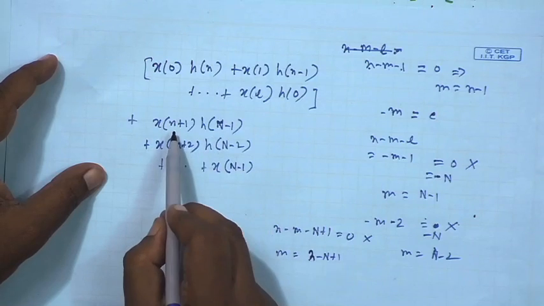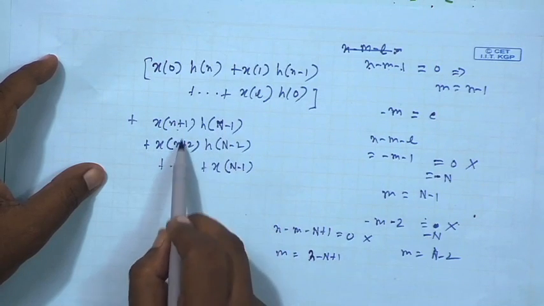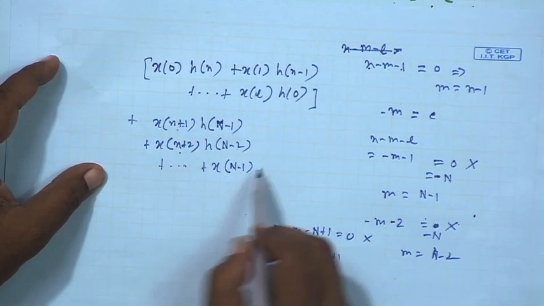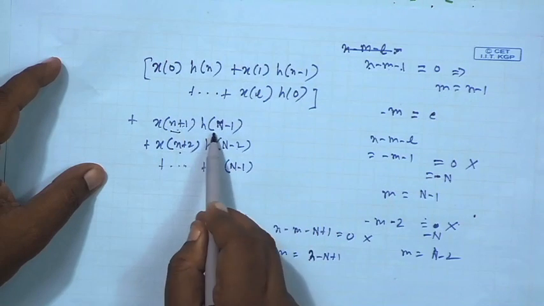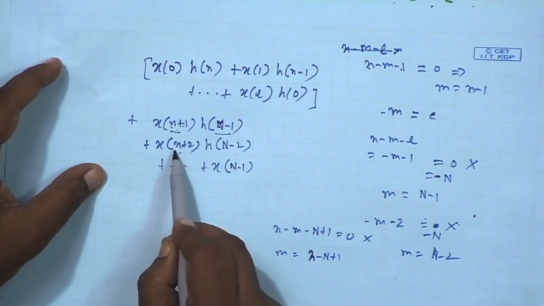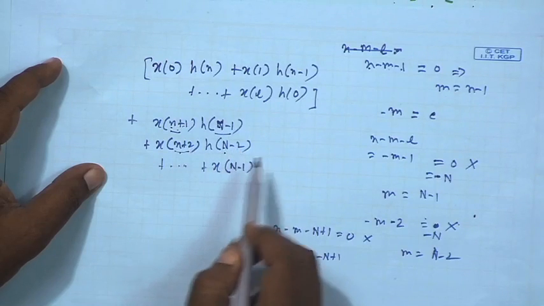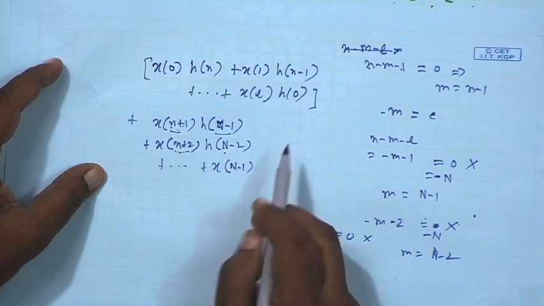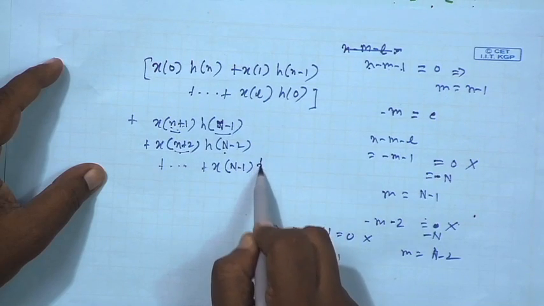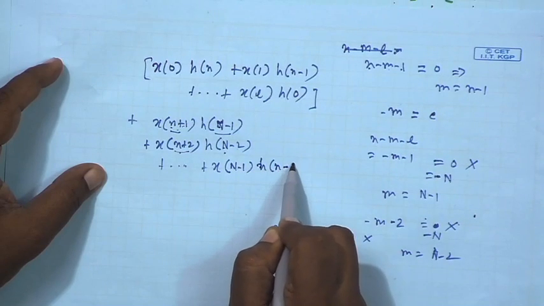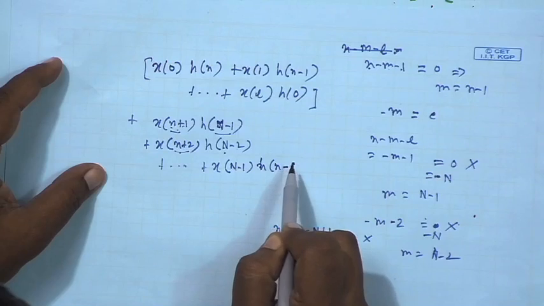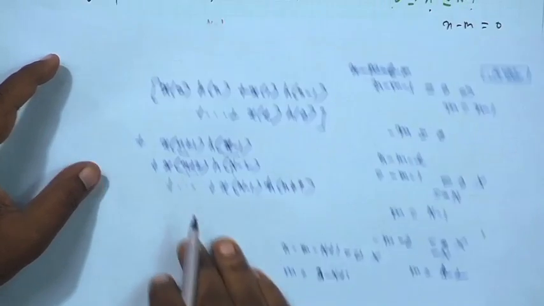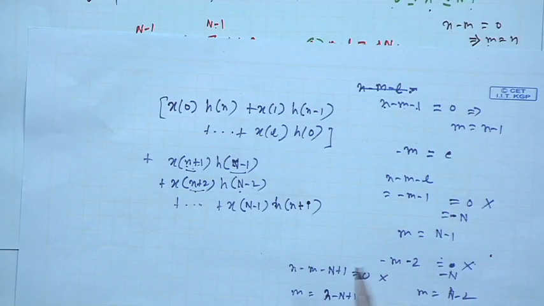So, from here you can see x n plus 1 h capital N minus 1, n plus 2 h n minus 2, n plus 3 h n minus 3. So, if you add these two indices, small n plus capital N, again small n plus capital N, 2 cancels. So, that means, if it is n minus 1, it will be h small n minus 1, small n plus 1. Okay. This is the summation.